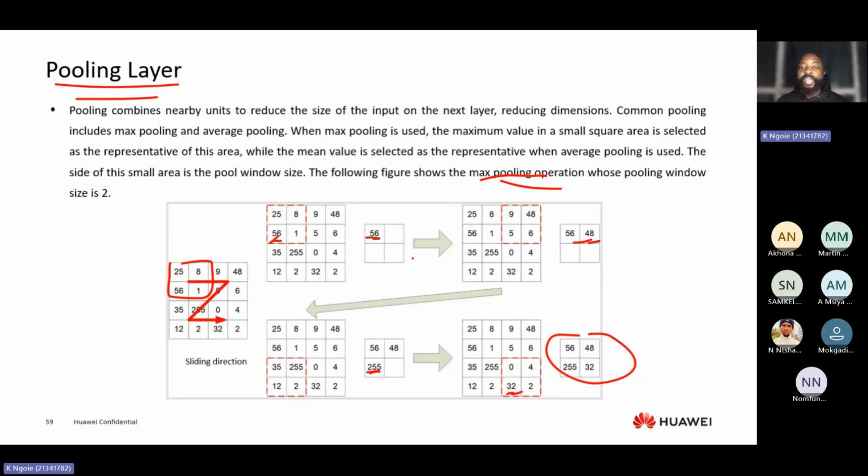So the kernel here, we want to map it into a 2 by 2. If this map was bigger than this, we're not going to do it in this size.